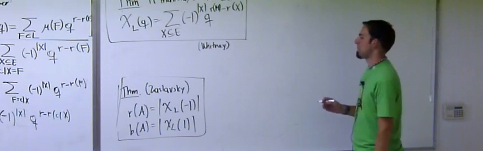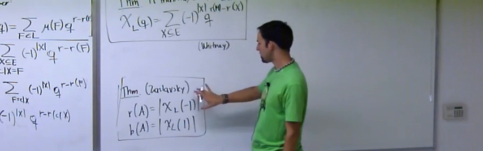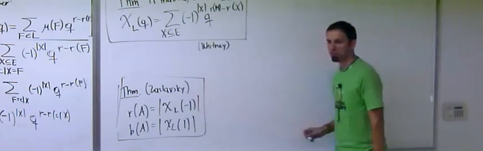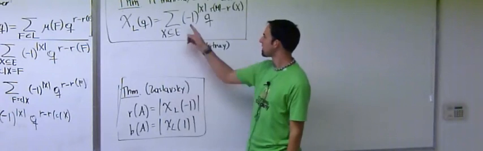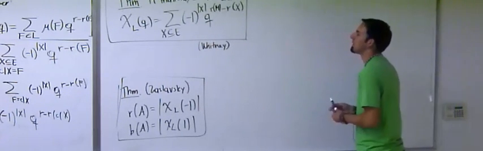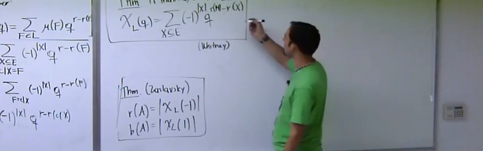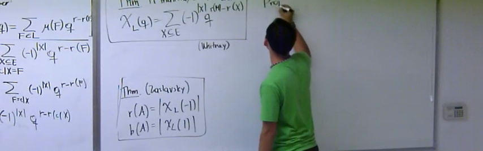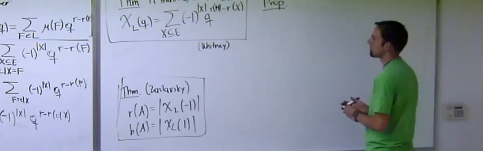And now I'm almost ready to prove this. The point being that now I have a formula for this right-hand side that doesn't involve any mu numbers. But really, the next thing that I'm going to show you is this.